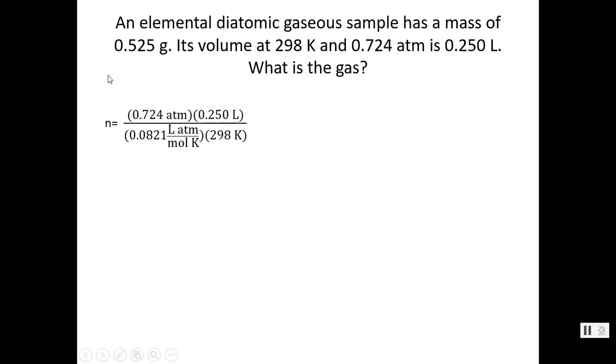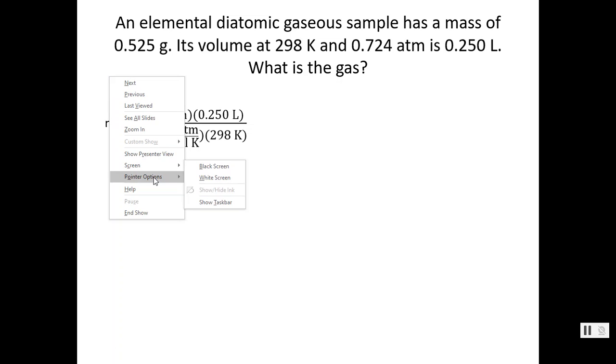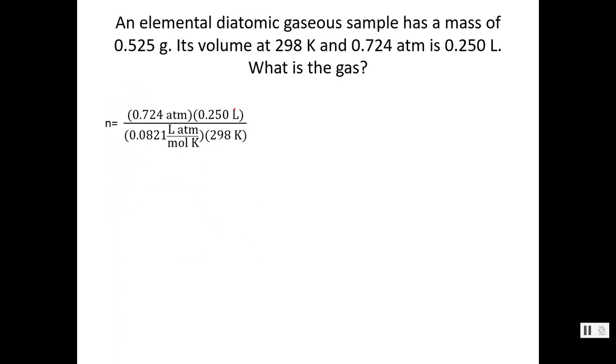This is what I come up with, and then you can see, as soon as I get my pointer here, then you can see the units canceling. So you are left with moles. Doing that division and multiplication, you should get 7.40 times 10 to the negative 3.